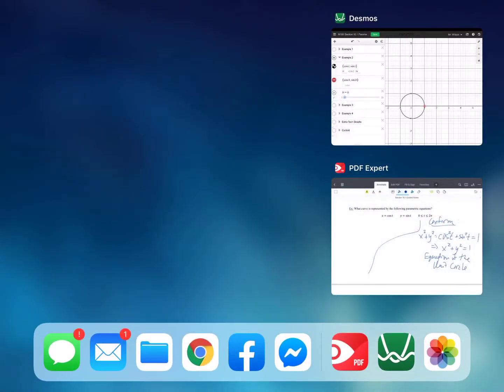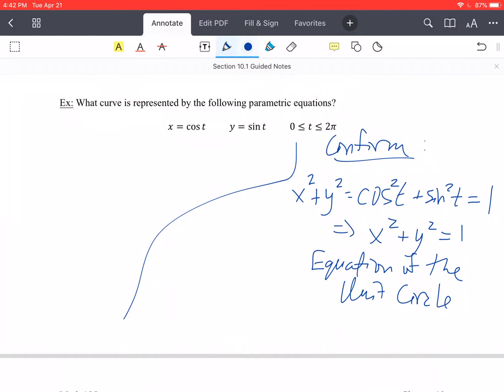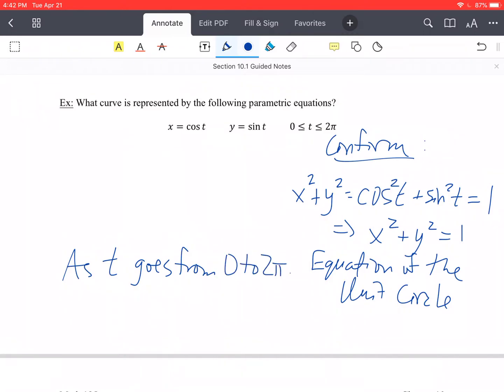Okay, so notice that as t goes from 0 to 2 pi, the point xy, which is just cosine of t comma sine of t, traces the unit circle.